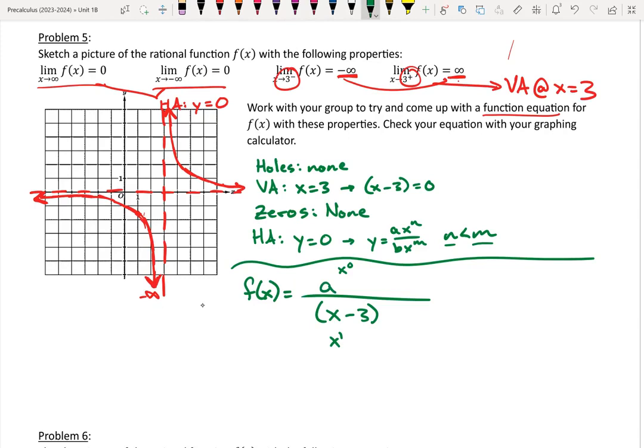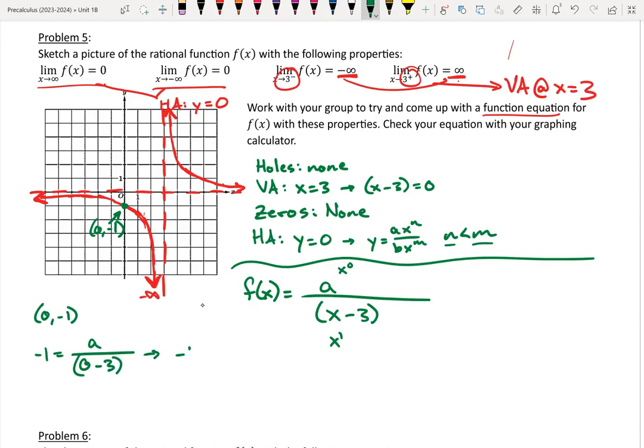So let's pick a point. Looking at my graph the way I sketched it, and again, you might have sketched a little bit differently, I have a point right here. So I'm going to go ahead and use that one. So (0, -1), that y-intercept. If I use that point, (0, -1), I would have negative 1 equals a over 0 minus 3.